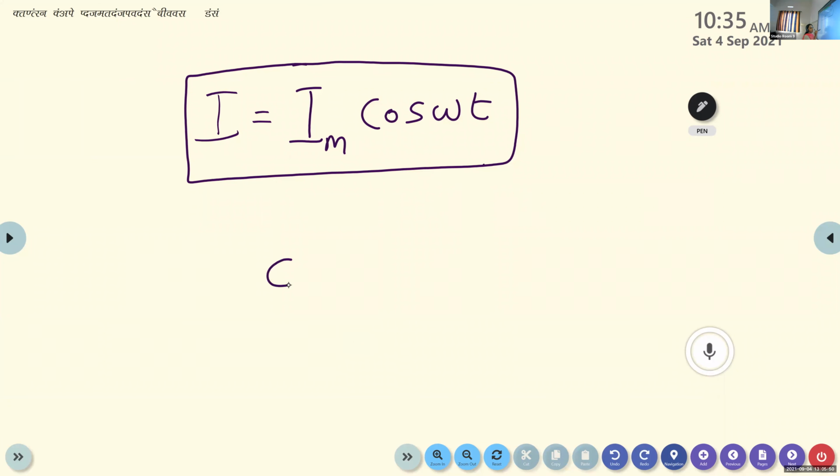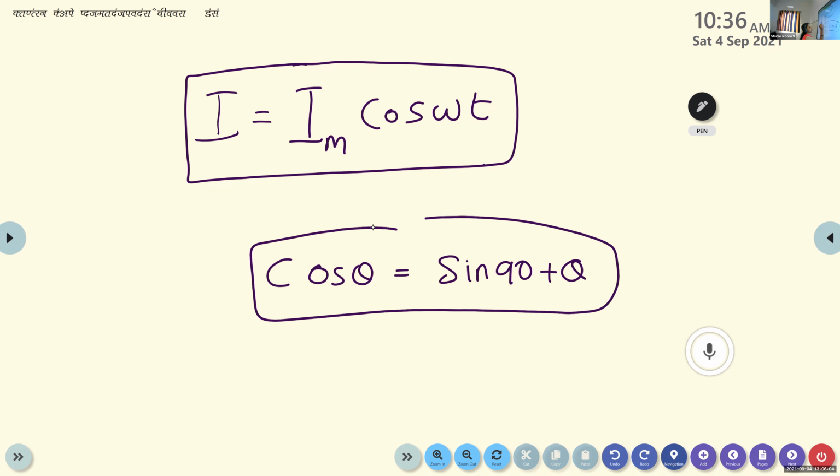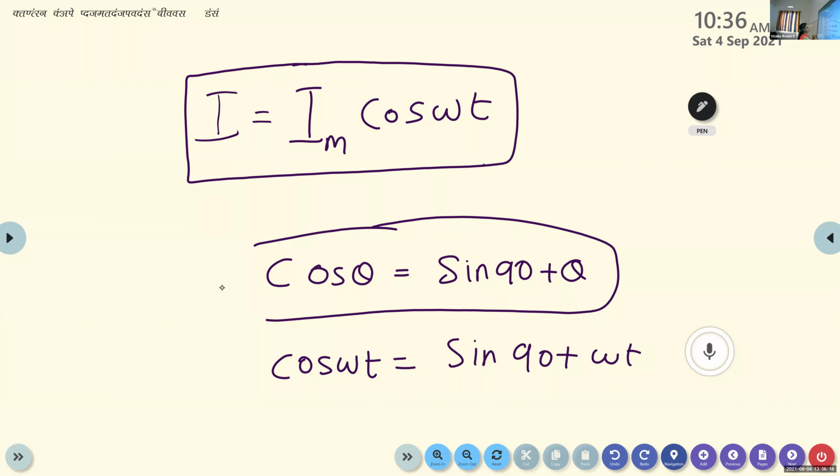What is cos theta? Cos theta is equal to sin 90 plus theta. So similarly here we have cos omega t, which is equal to sin 90 plus omega t, or you can write sin omega t plus 90. According to trigonometry, we know that cos theta is equal to sin 90 plus theta.